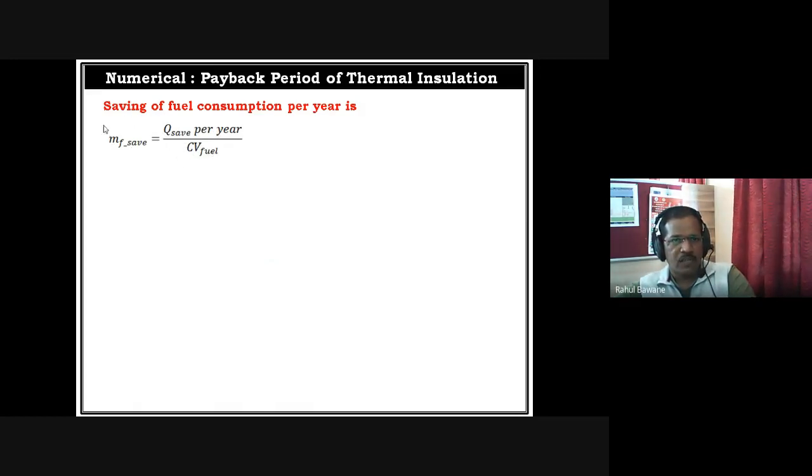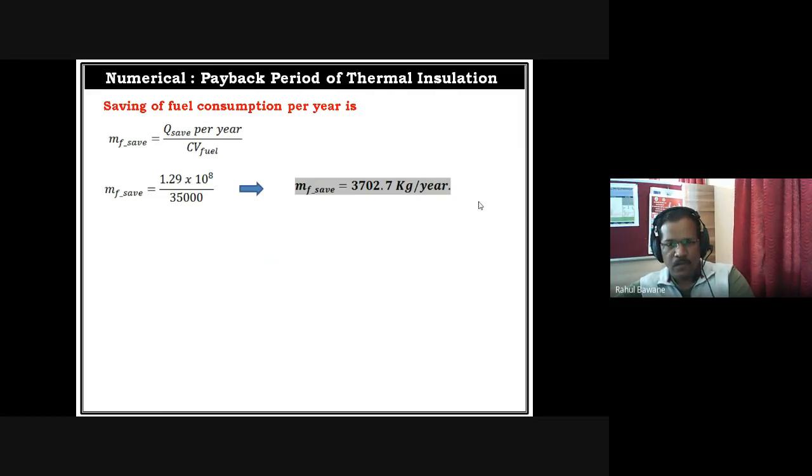This time we are interested in calculating the mass of fuel, mf. So heat divided by CV, calorific value. So total heat saved 1.29 into 10 to the power 8 divided by calorific value 35000. So total mass is 3702.7 kg per year. This much amount of fuel we actually save, and we are paying for this fuel at the rate of 40 rupees.